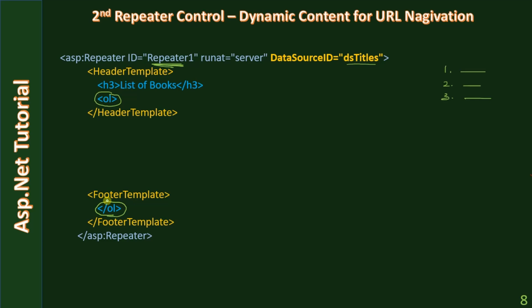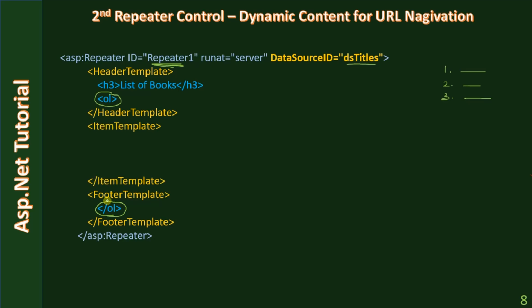Before navigating through the item or alternate item template, whatever is there in the header template gets rendered. After navigating all the records and rendering the item as well as alternate item templates, the content in the footer template will get rendered. We saw that when we were using the alternate item template.